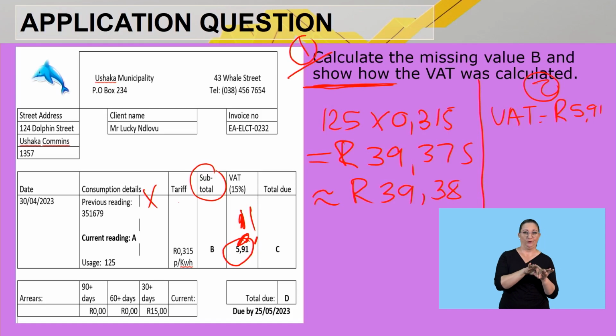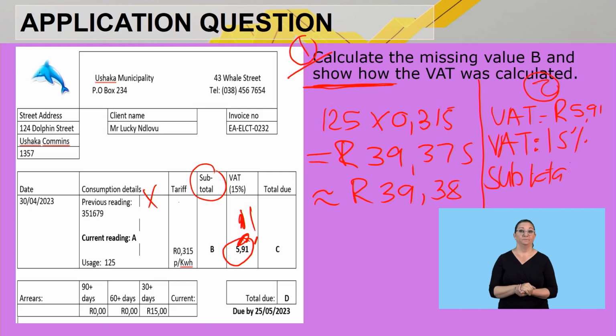We need to get it as our final answer. What do we know about VAT? VAT is 15%. And VAT is calculated on the subtotal. So the subtotal times 15% will give us the VAT.